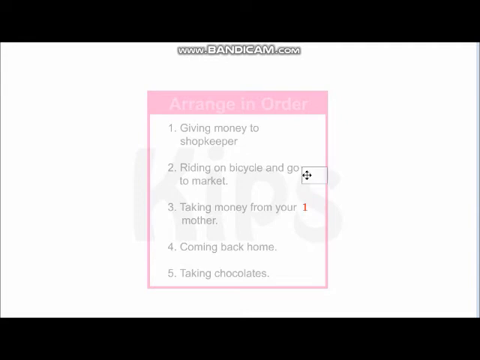Then riding bicycle will be your step number 2. Then giving money to shopkeeper, that is step number 3. Taking chocolate, step number 4. And coming back to home is your step number 5. So these are the steps and we have to arrange them in order.